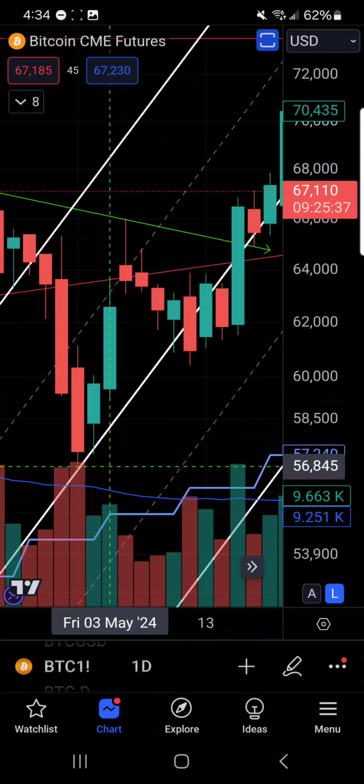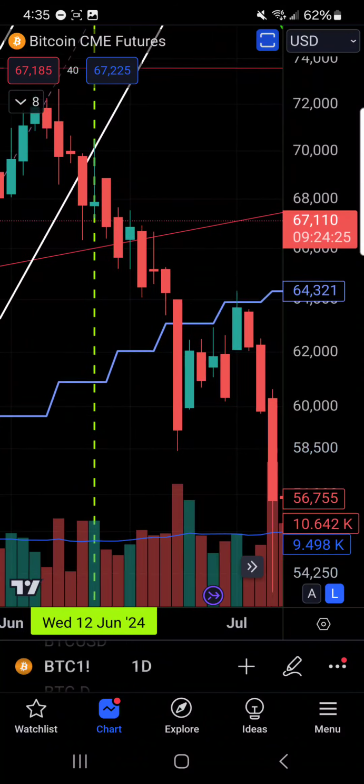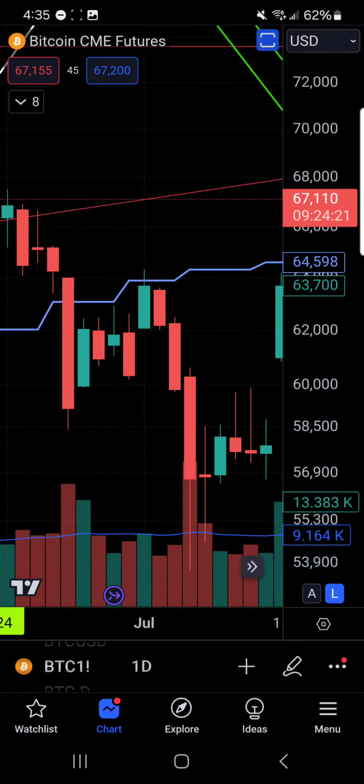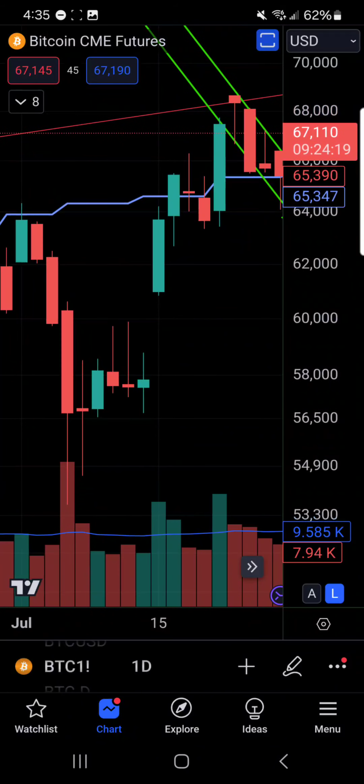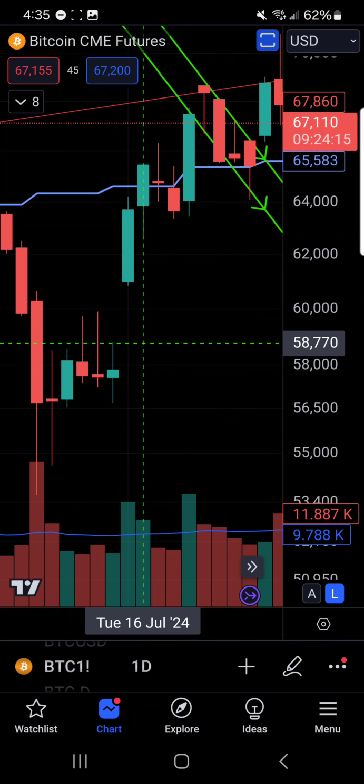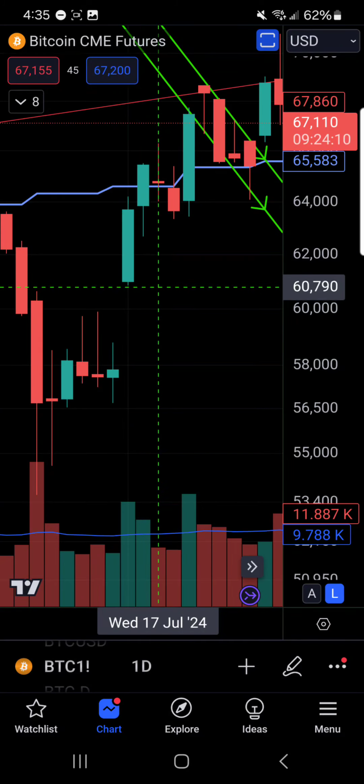That's because when I switched to an hourly, it went back way too far or something. I don't know what it did. Here's our gap right here. So I believe that the gap starts at 58.7 and goes up to about 60.67. So there's a $2,000 gap in there.